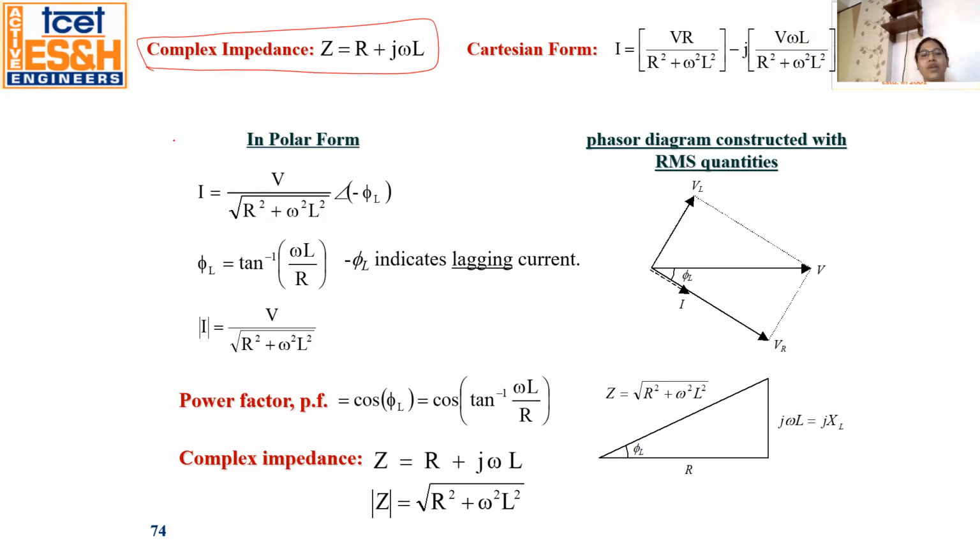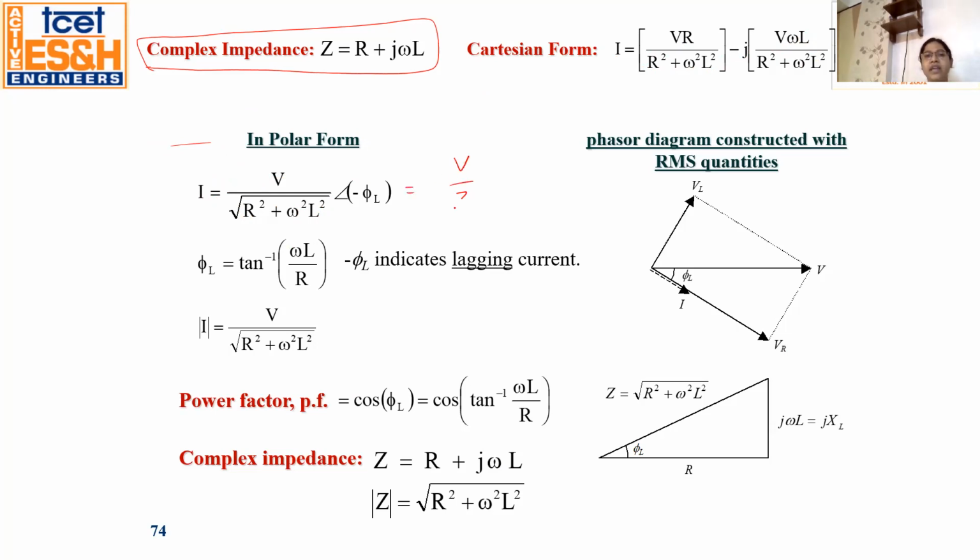Now, if you want to calculate in the polar form, because sometimes when you solve numericals you need your impedance in the polar form, you have to convert using the formula into polar form. So I is equal to V by the square root of R square plus omega square L square. This is our basic formula.